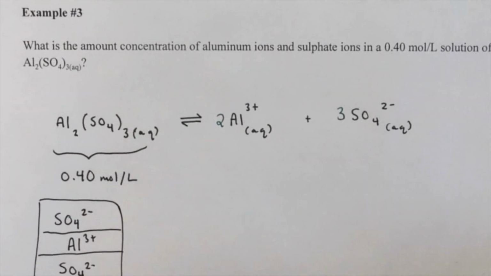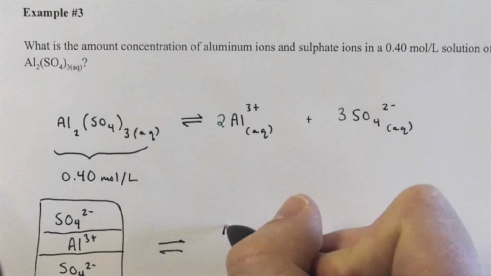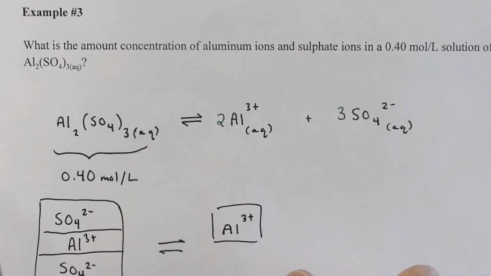But when it's in water, its ions are able to dissociate because they form bonds with water molecules, and the water molecules surround them, the crystal lattice disrupts. What we get out of this are separate entities. So I get a separate aluminum ion. I get 2 aluminum ions separated from each other.